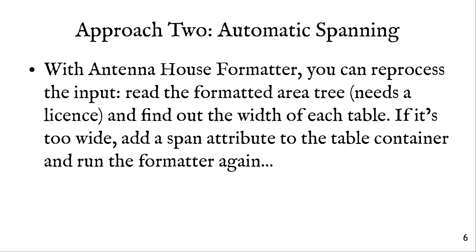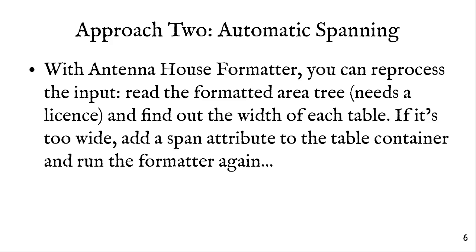So, approach 2, we don't blame the author, we do automatic spanning. And for example, with Antenna House Formatter, hi Tony, you can reprocess the input. So what you do is you run it once to generate the area tree. You read the formatted area tree. You actually need a license to run Antenna House Formatter in this way, commercial license.